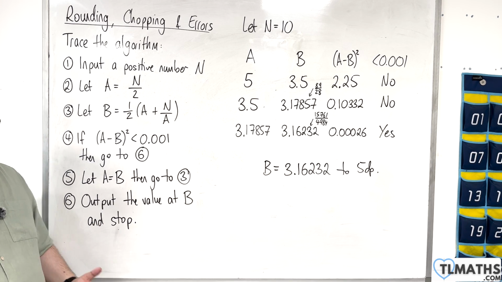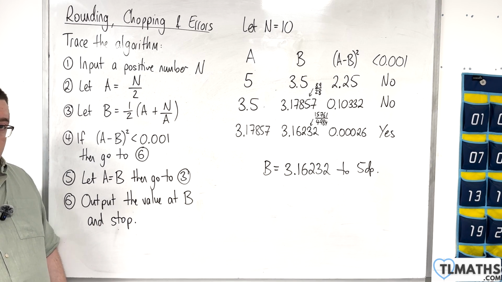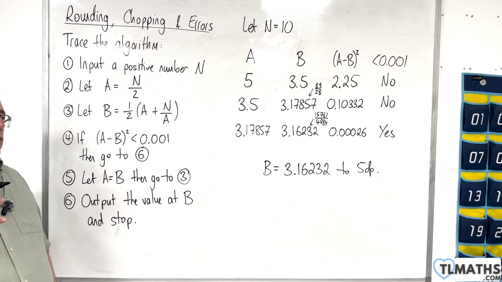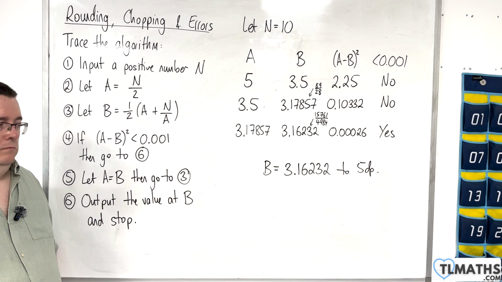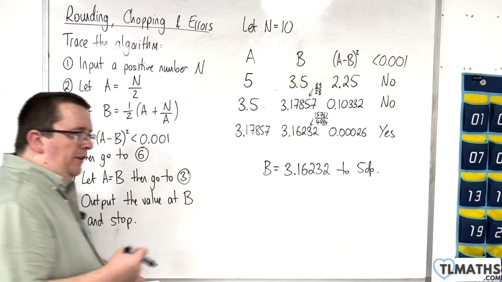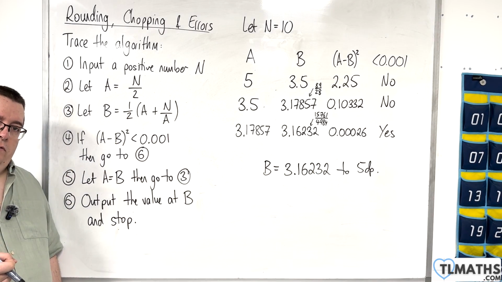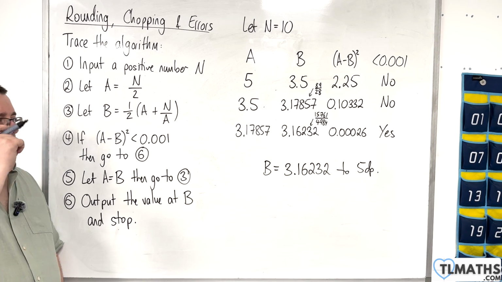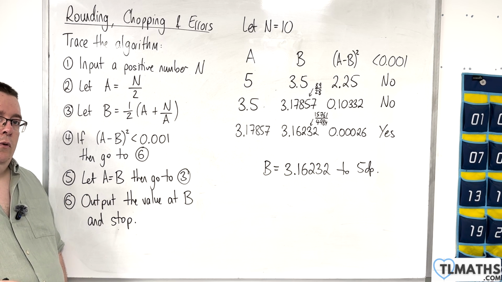Okay, so that is what this algorithm does. So the question then becomes, well, how good is this answer? How close is it to root 10? So we're going to come back to this example in a moment.